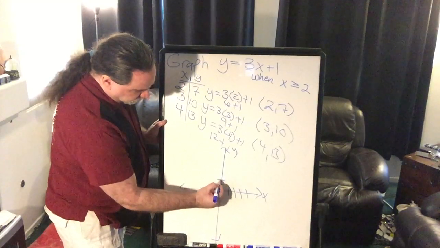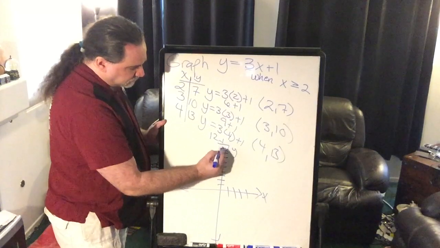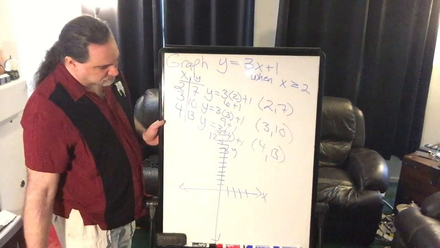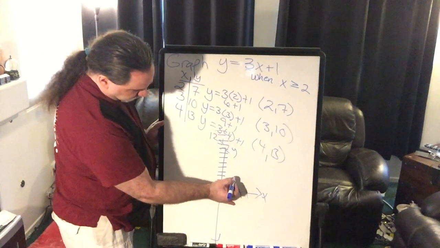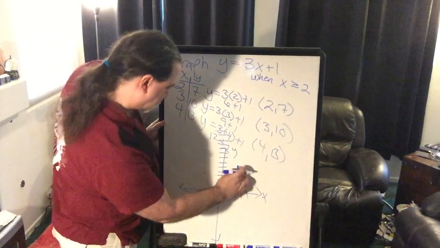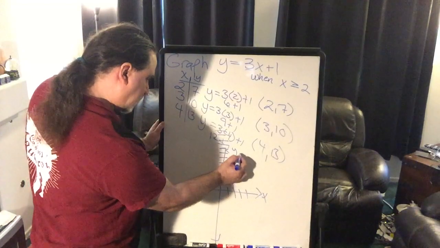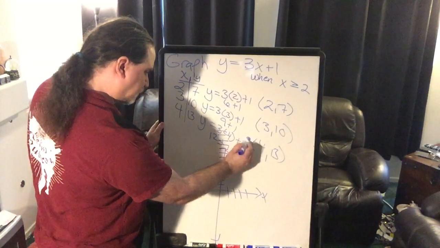So 1, 2, 3, 4, 5, 6, 7, 8, 9, 10. Oh boy. So 11, 12, 13. Way up there. So (2, 7). 2, 1, 2, 3, 4, 5, 6, 7. Make sure that's in the right place. (3, 10). And (4, 13).